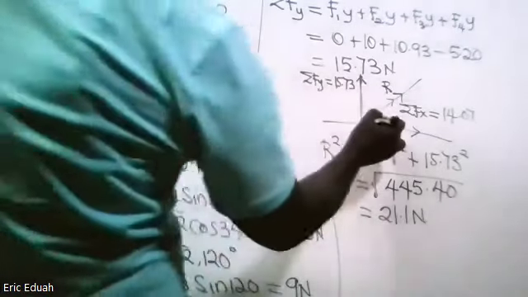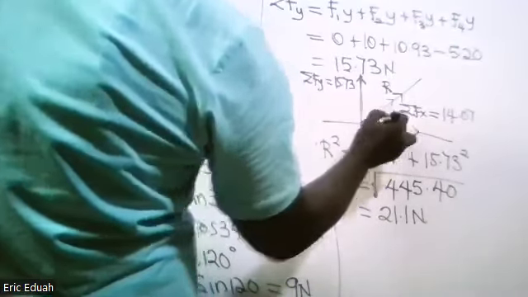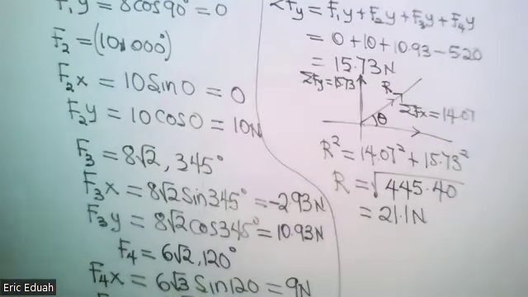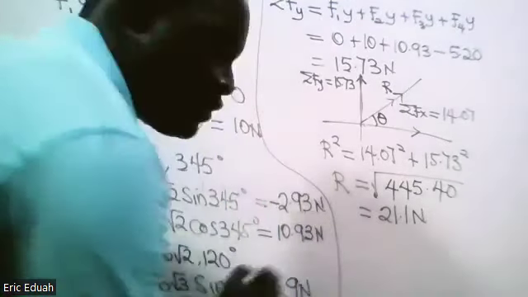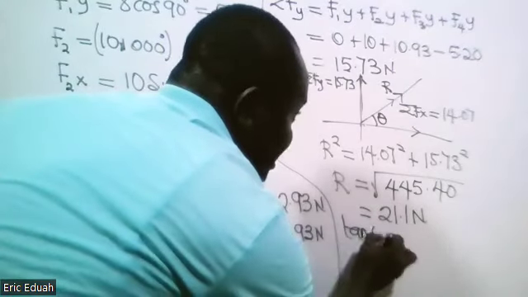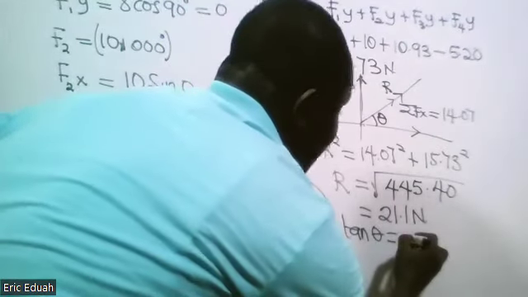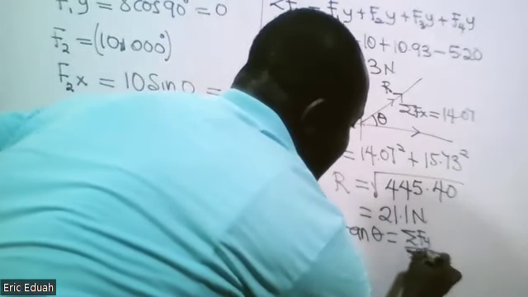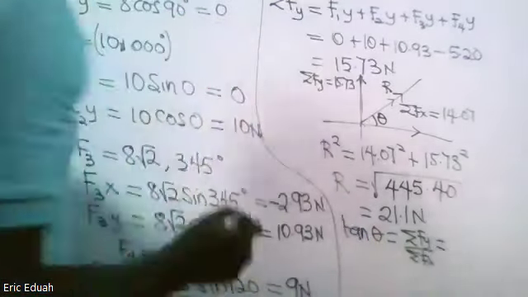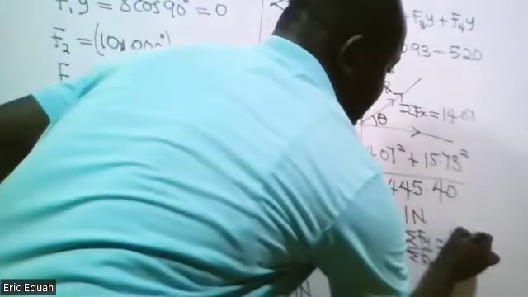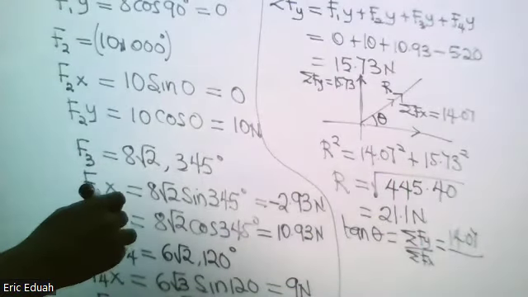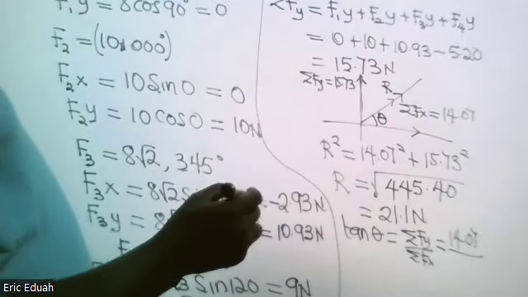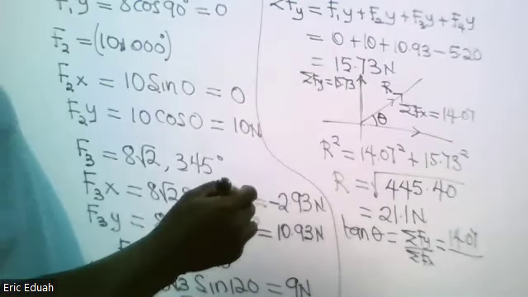So for the direction, let's find the angle theta. Of course, if we take the tan of that angle, it is summation f of y over summation f of x. Fy is, sorry, Fx is 14.07, Fy is 15.73.